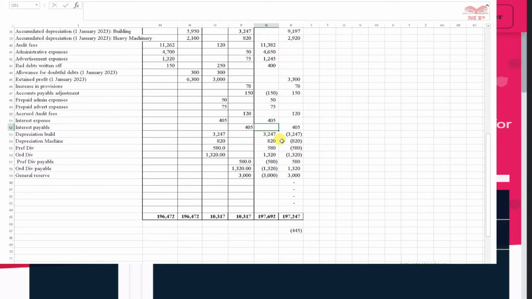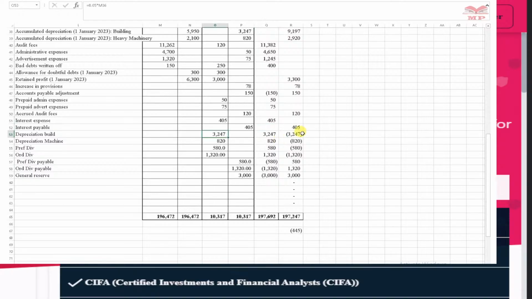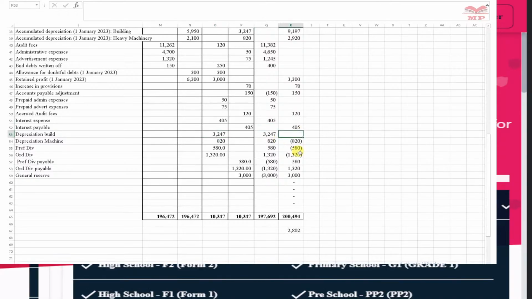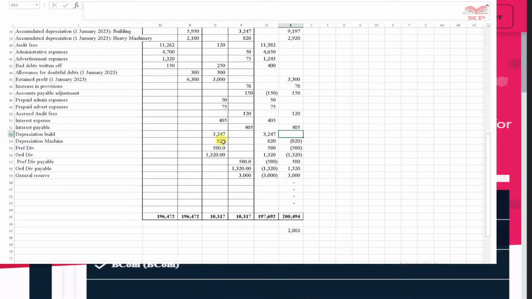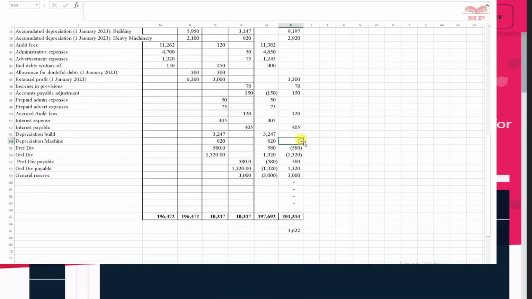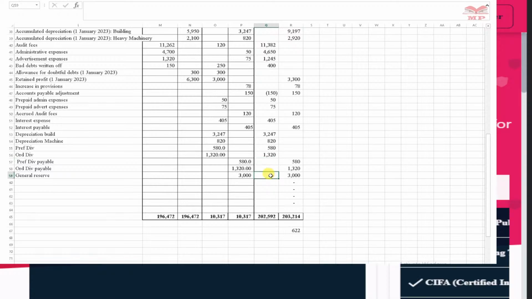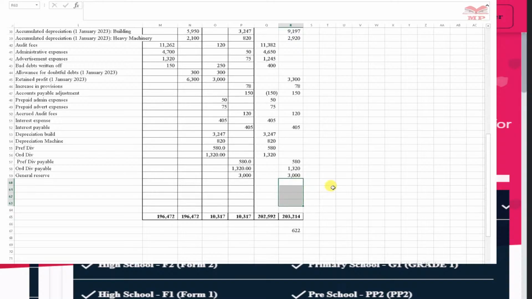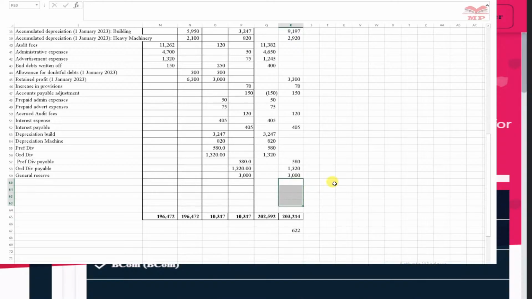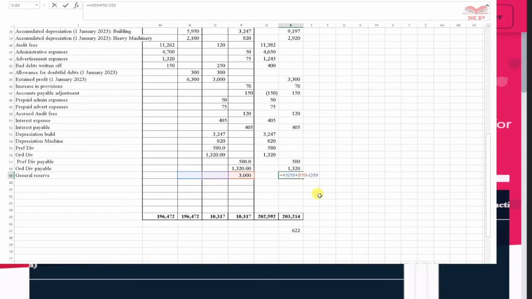We're seeing this is debit, so it should be a debit balance there. And this is debit, so it should be debited there. And we should have that. 622. So it's come down now. So these ones should be like that.